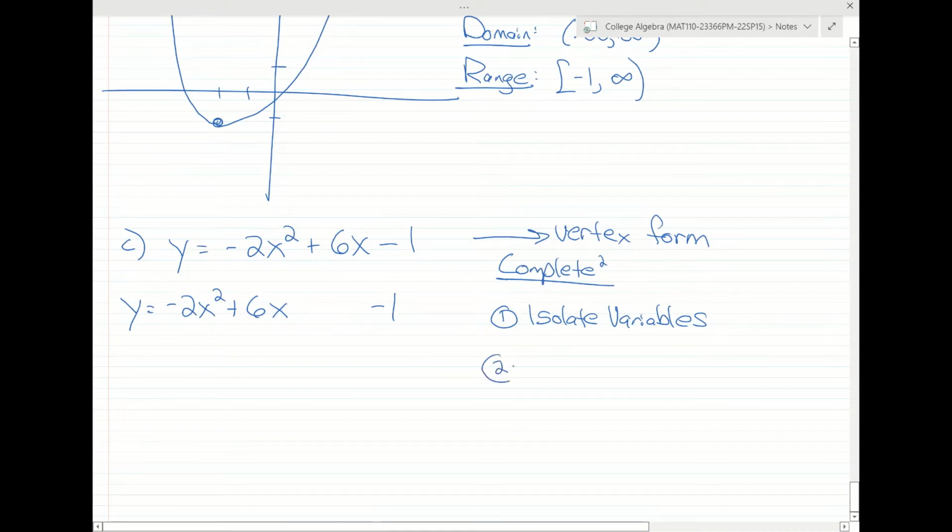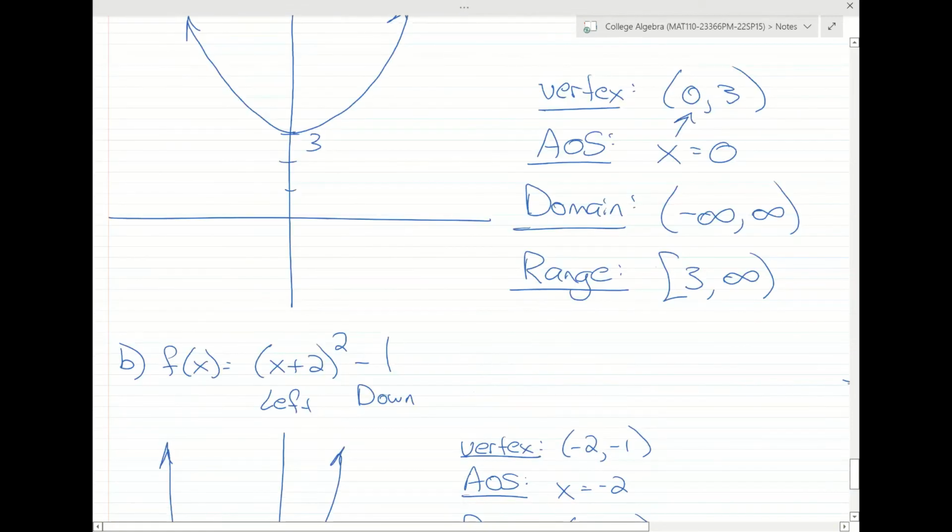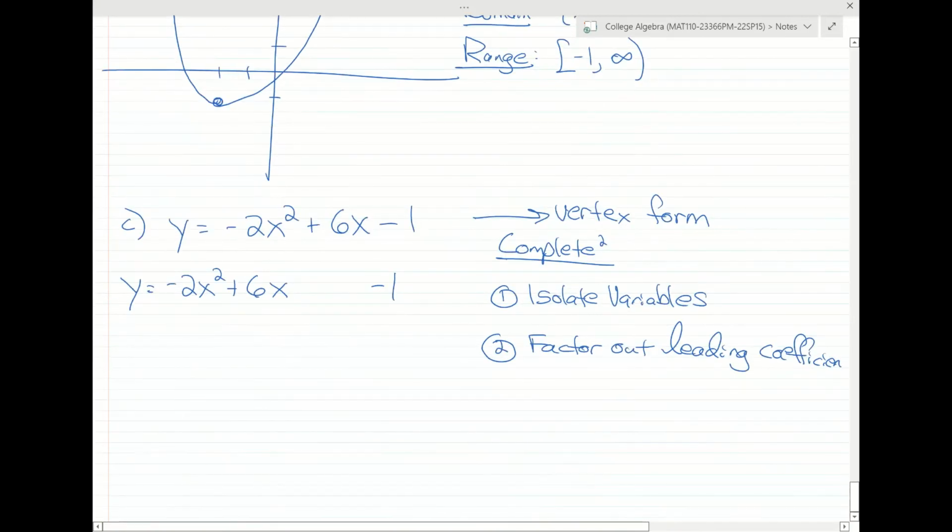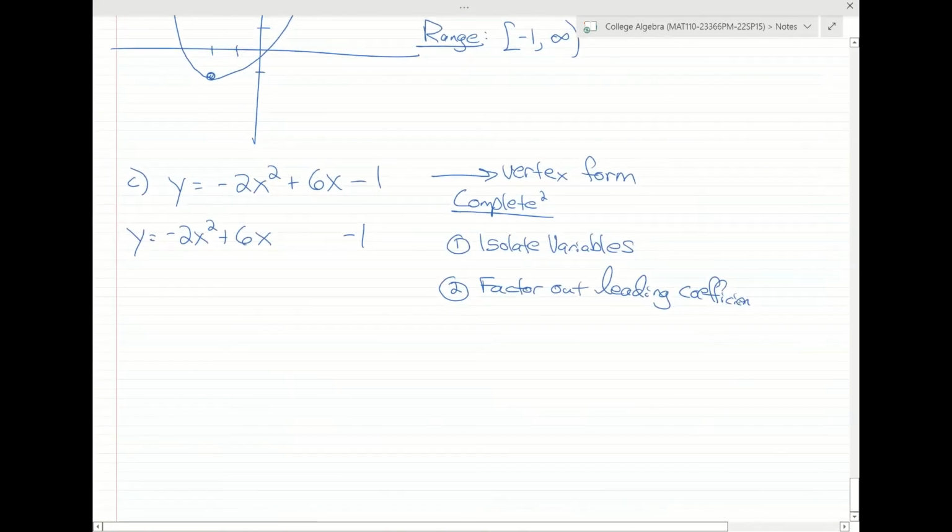Second step, we factor out the leading coefficient from the x's.